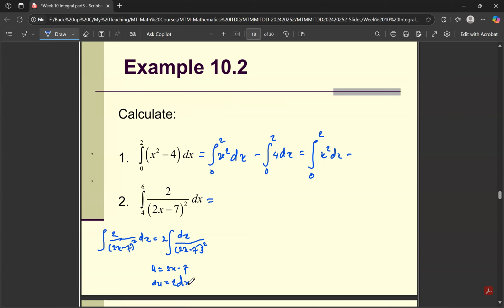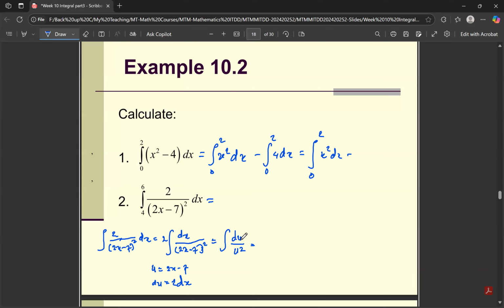Oh sorry, we already have the 2 here. So this will be du divided by u squared.